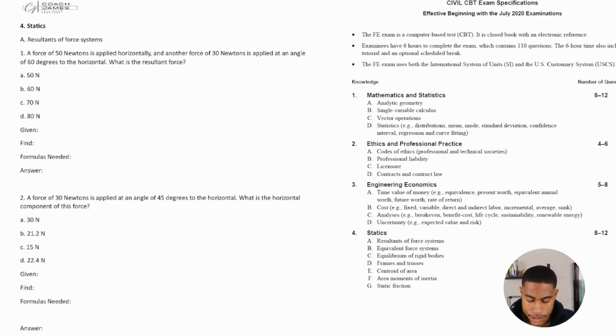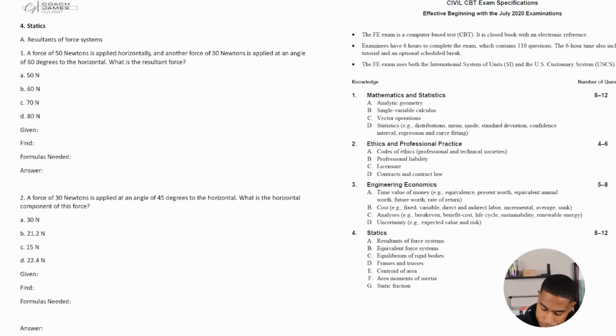So start with number one. Number one says a force of 50 newtons is applied horizontally, and another force of 30 newtons is applied at an angle of 60 degrees to the horizontal. What is the resultant force? All right, so what information are we given?